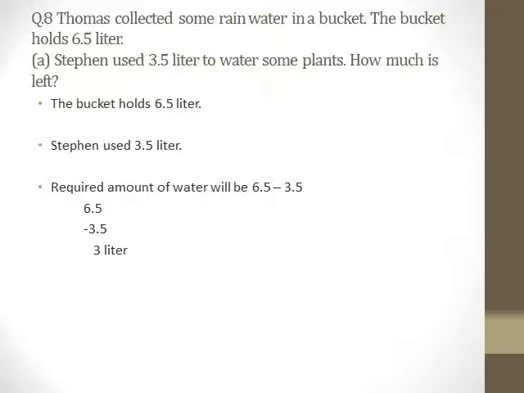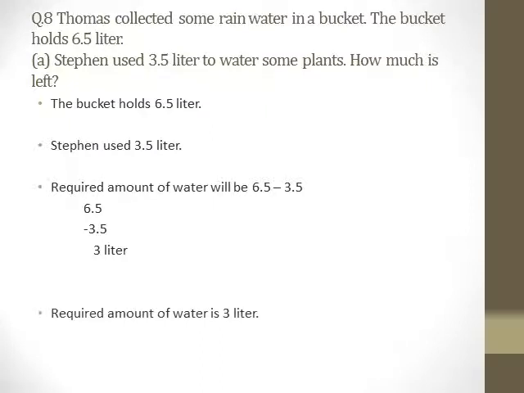I will not write 3.0, I will just write 3 liters, because after the point, if I write 0, 00, it does not change the value, so I can write just 3. So 6.5 minus 3.5 gives you the answer 3 liters.